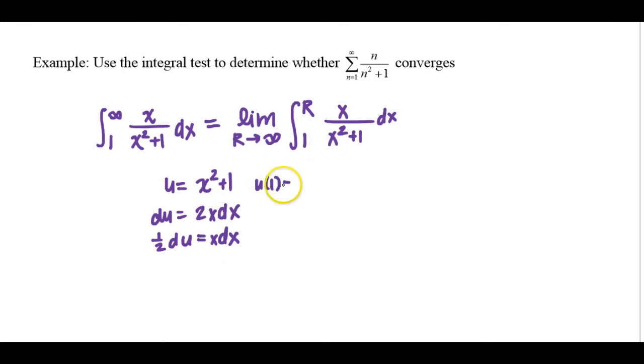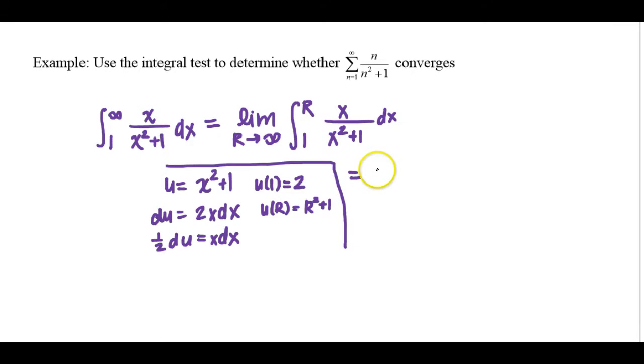So u of 1 is 1 squared plus 1, so u of 1 is 2, and u of r is r squared plus 1. So now this is the limit as r approaches infinity of 1/2 the integral from 2 to r squared plus 1 of du over u.